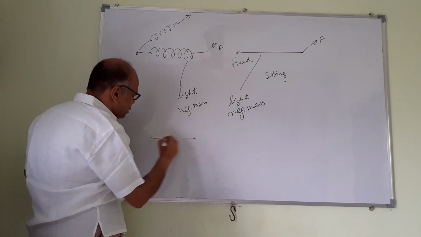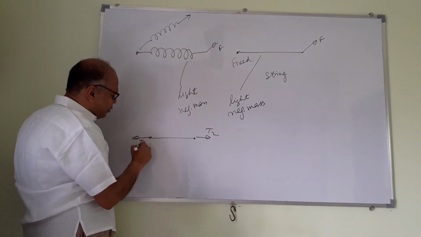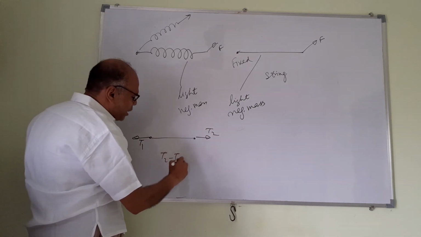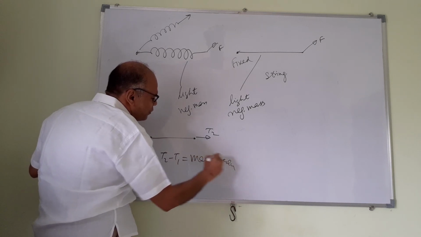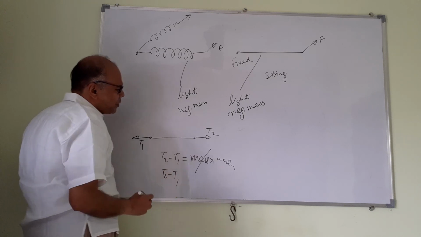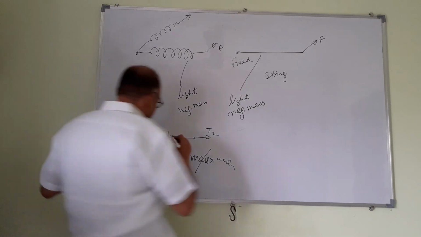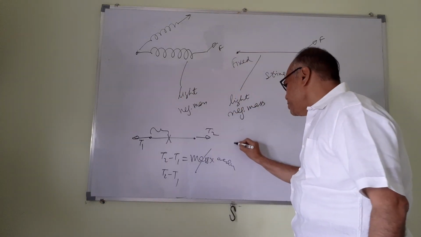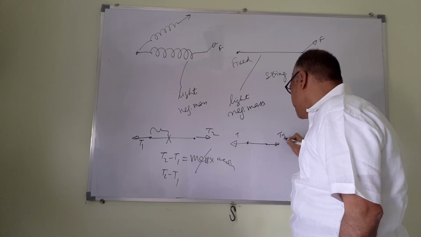Suppose I have a string here. If the tension, the pulling force, is T2 at one end and T1 at the other, I can say T2 minus T1 is mass into acceleration. If the mass is negligible, T2 equals T1. Even if I take one portion of the string, the same thing holds good. Say this is T1 and where I have cut it, the tension is T3.